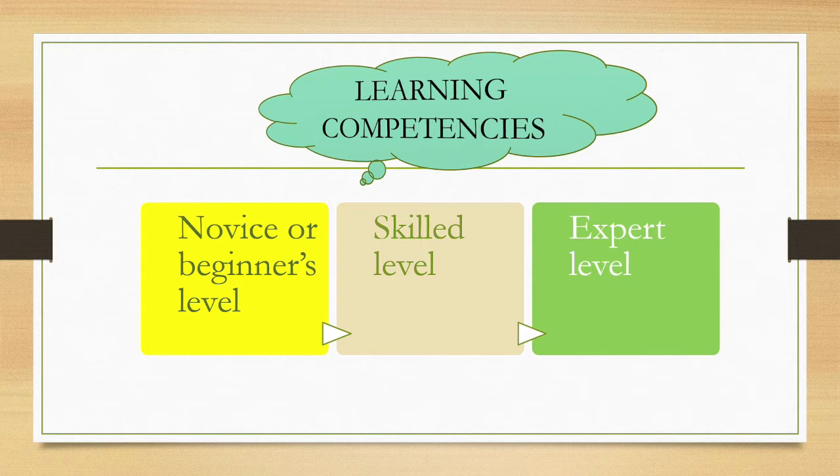And lastly, in the expert level or level 3, the finished product contains the basic minimum parts and functions, has additional features on top of the minimum, and is aesthetically pleasing. Again, these are the 3 learning competencies: the novice or beginner's level, the skilled level, and the expert level. Product-oriented performance-based assessment refers to the final product or final output made.